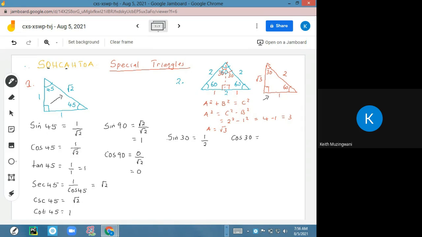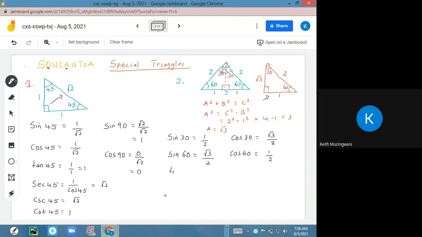So cos 30 adjacent is √3, hypotenuse is 2. What is sine 45? Oh, sine 45 is already found. So I'm going to sine 60 now. Sine 60 is opposite √3, hypotenuse 2. Cos 60, we get adjacent 1, hypotenuse 2.